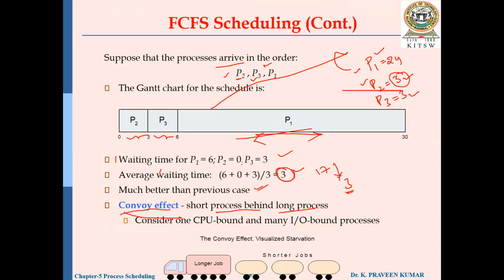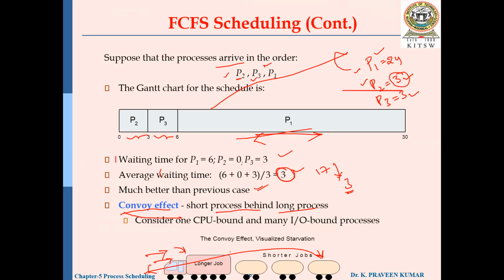It is just like driving your car on a road, but in front of you there is a very big truck occupying the entire road. Even though you have enough speed and enough petrol, due to this longer vehicle you are not able to complete your journey fast. That is the problem.